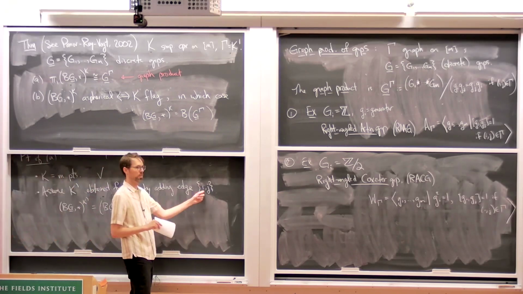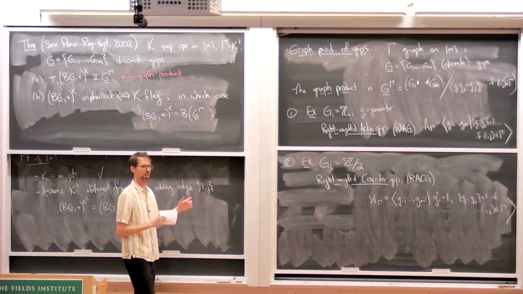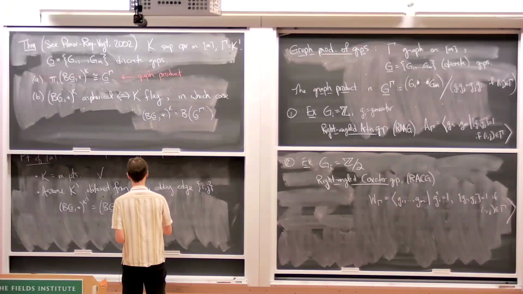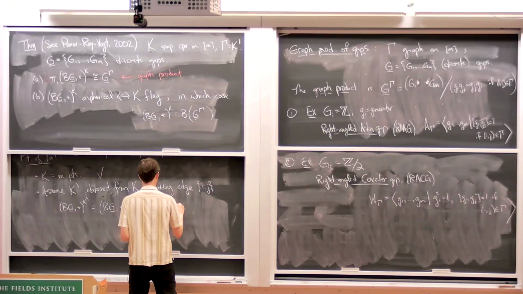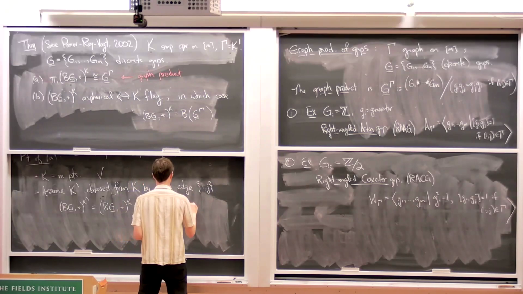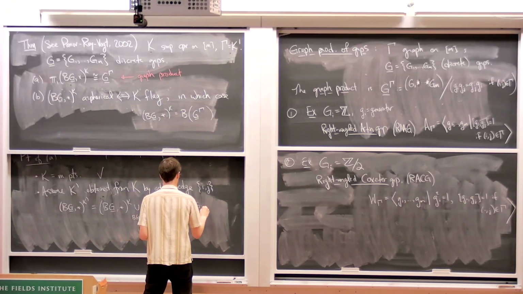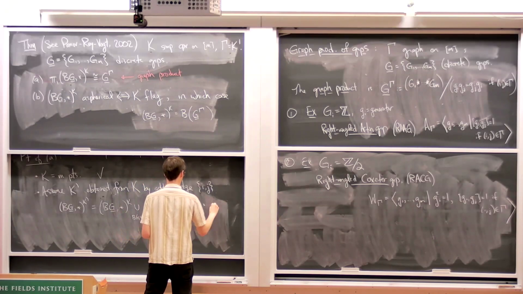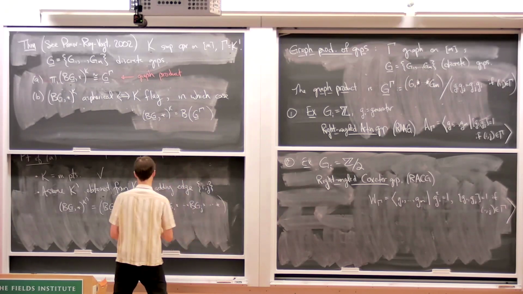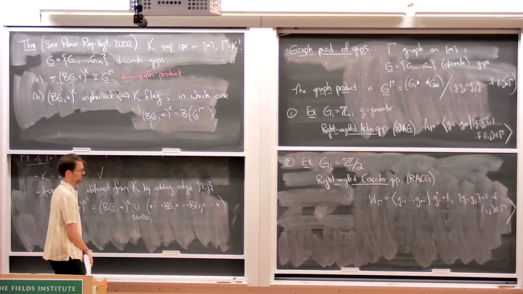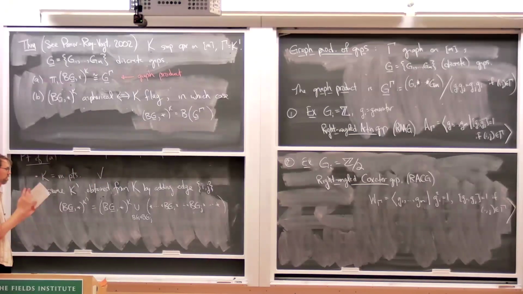Put in a BG_I in one place and BG_J in the other place. So a bunch of points, and it's really just a copy of BG_I cross BG_J.